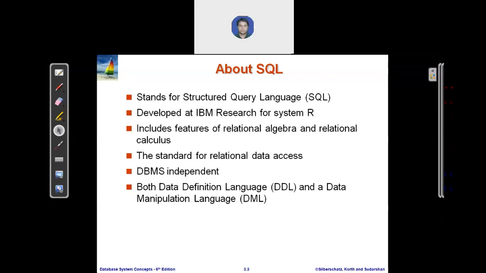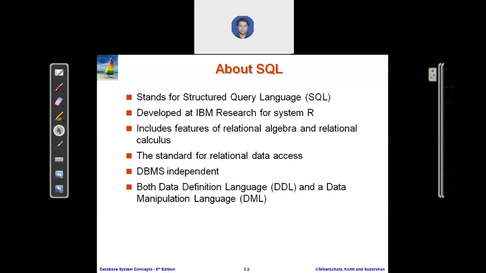DDL means using the Data Definition Language we define the structure of a table, the structure of a column, or we can set the domain of a column. We can enforce integrity. We can set primary key and foreign key. This kind of structure we can define using DDL. Using DML we can access the data or apply changes over our data.